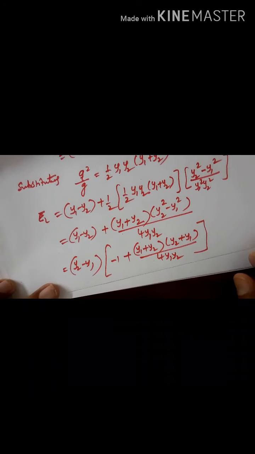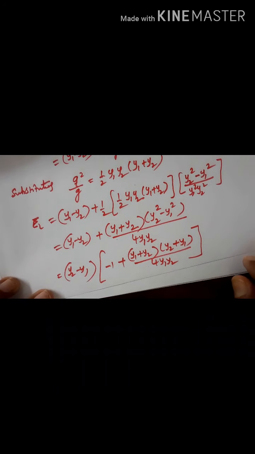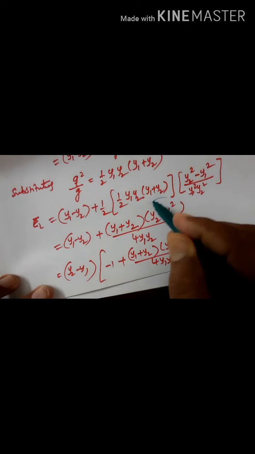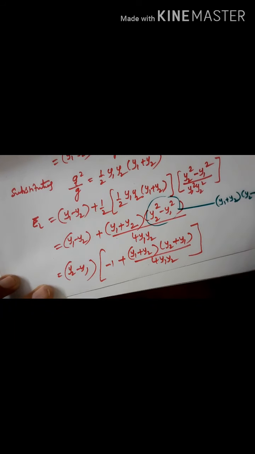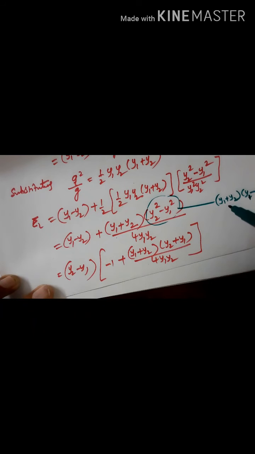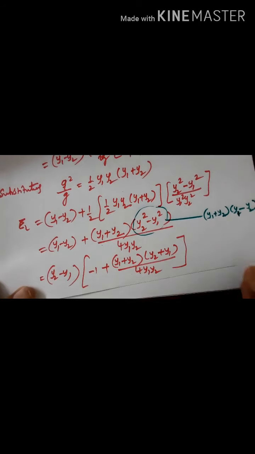Just you go on simplifying this one. So this can be written as y1 plus y2 one term and y2 minus, sorry, y1, a plus b, a minus b, like this.